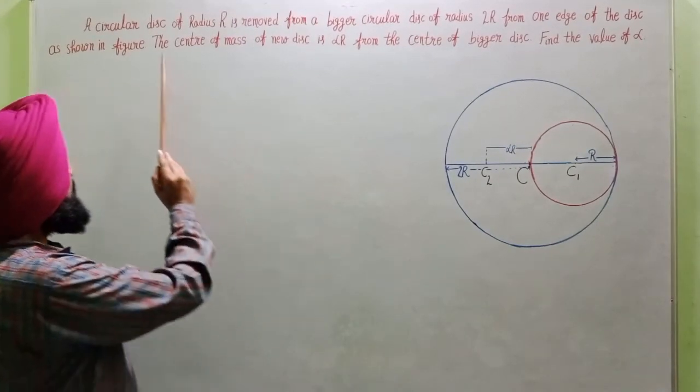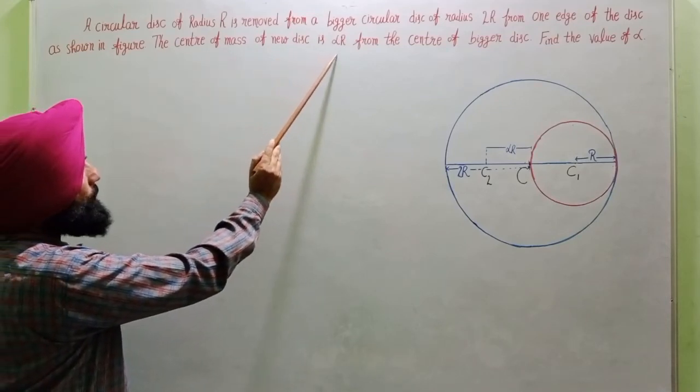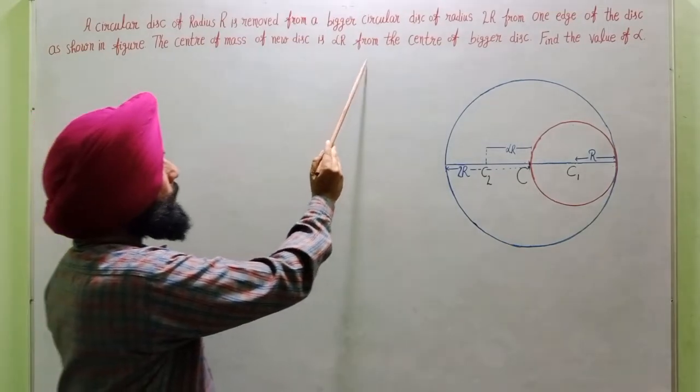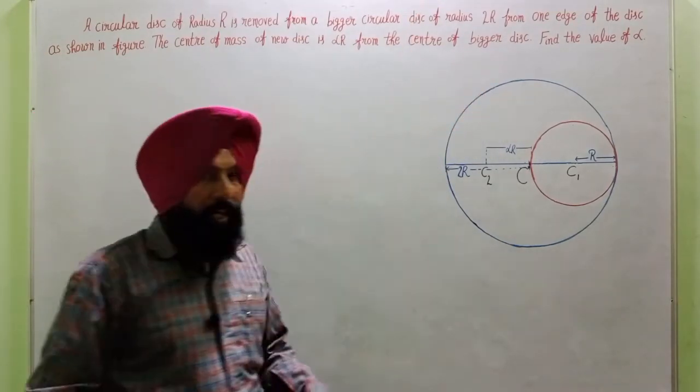and the center of mass of the new disk is alpha R from the center of the bigger disk.